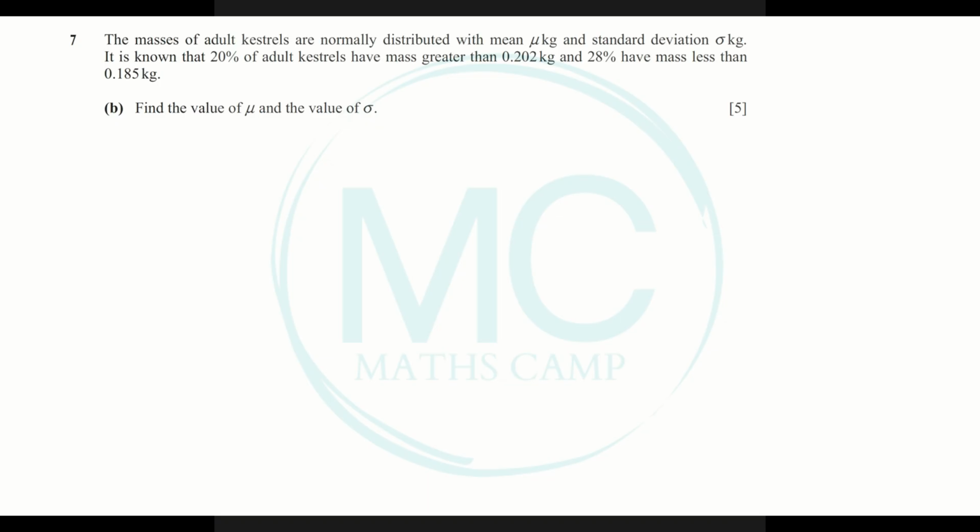We need to find two unknown variables, which means we need to use simultaneous equations. We're working with normal distribution, so we're going to use the formula Z is equal to X minus mu over standard deviation. We need to use this formula to create two equations.